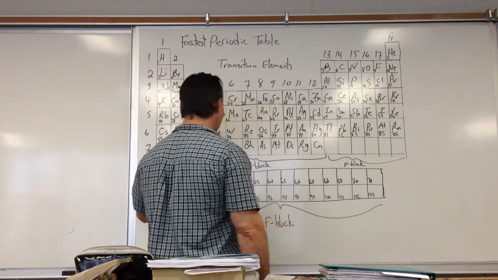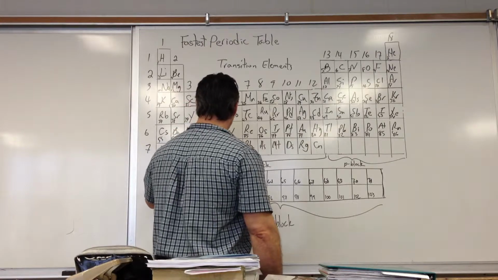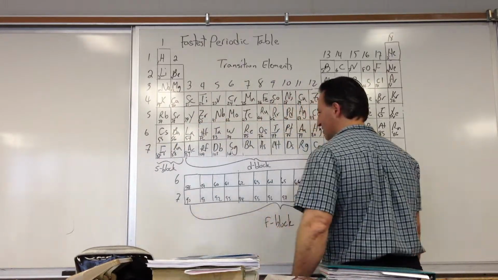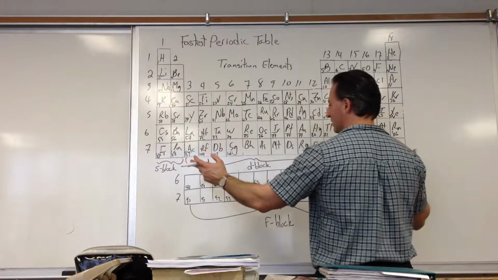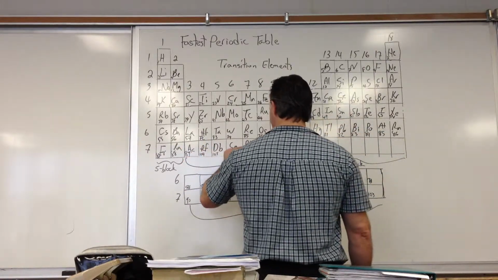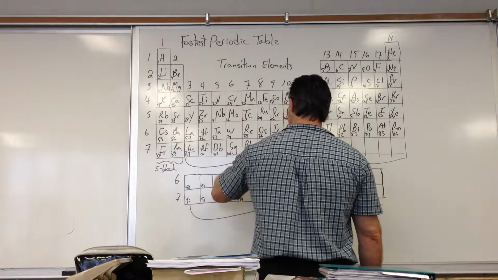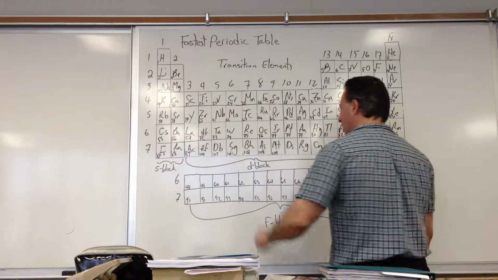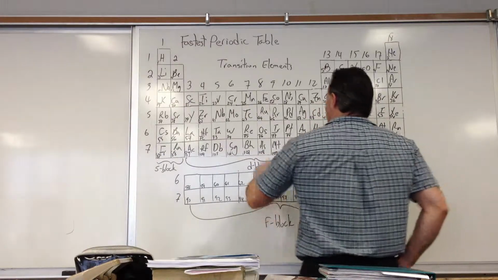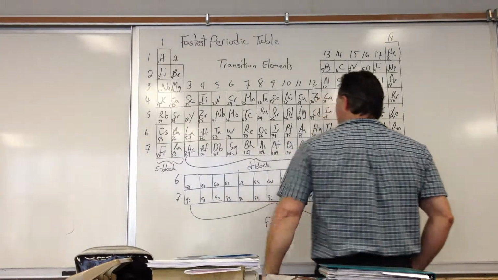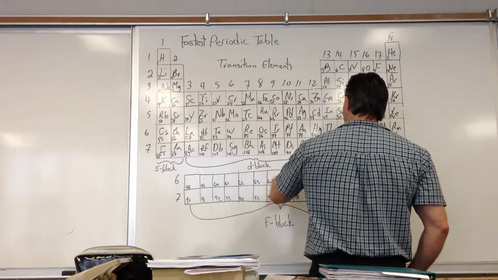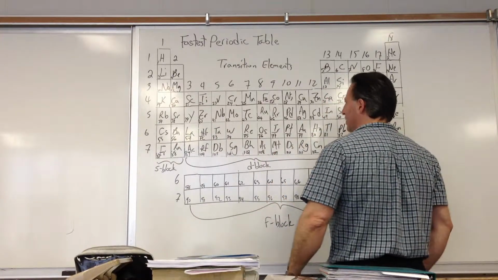Then we continue with 104 for rutherfordium, 105 for dubnium, 106 for seaborgium, named after the famous physicist who discovered 10 different elements, Glenn Seaborg. 107 for bohrium, 108 for hassium, 109 for meitnerium, named after Lise Meitner, a famous researcher. 110 for, I believe it's darmstadtium, 111 for roentgenium, and 112 for copernicium.